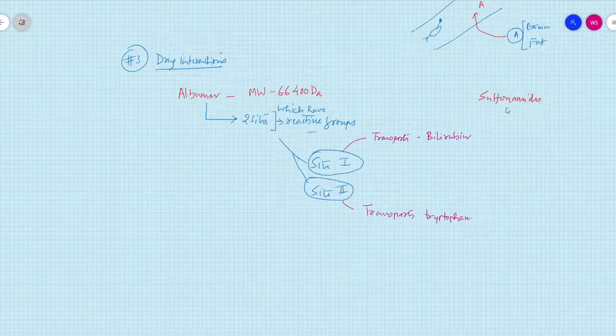Now sulfonamides have got a greater affinity for the reactive groups at site 1, and consequently, if we give sulfonamides to a normal person, what's going to happen?